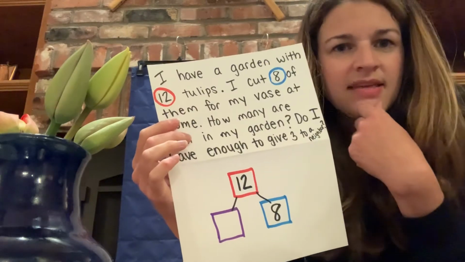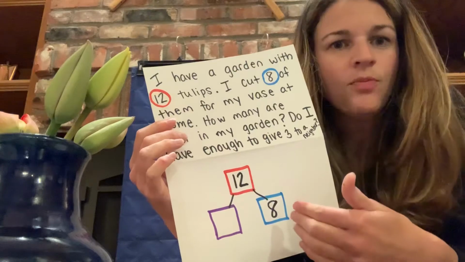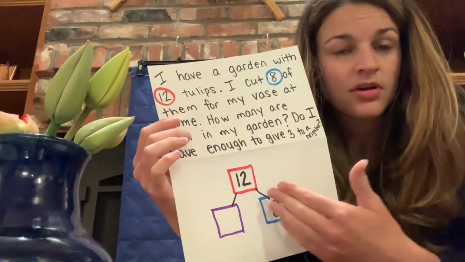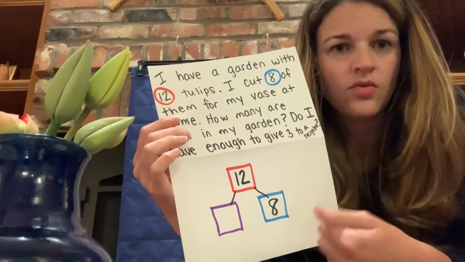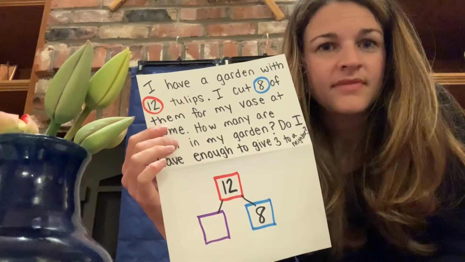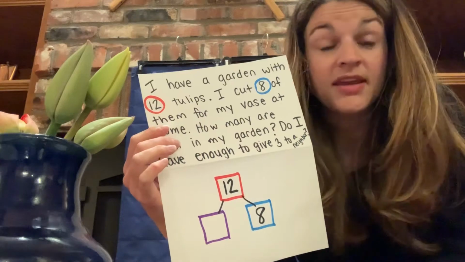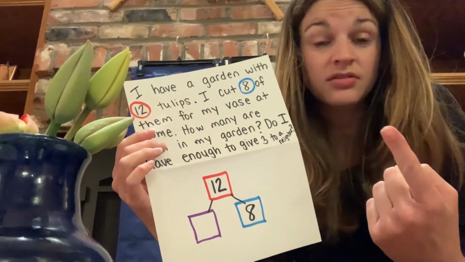Take a second and think about what strategies you know that could help you get from this number to that number. We're starting with one number and we need to get to another number. What kind of things could we do? All right, if you're thinking what I'm thinking, a couple things. One strategy we could do is to use a picture.